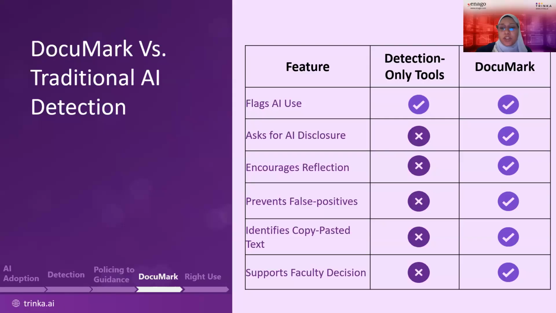And false positives are very abundant in AI content detector tools, while they are not there at DocuMark at all, because we provide facts based on the origin of the work, not a guess. Okay. The detection-only tools do not identify copy pasted text, so it wouldn't be flagged, while we flag it at DocuMark. And DocuMark supports the faculty's decisions based on insights, but unfortunately, detection tools do not do that.